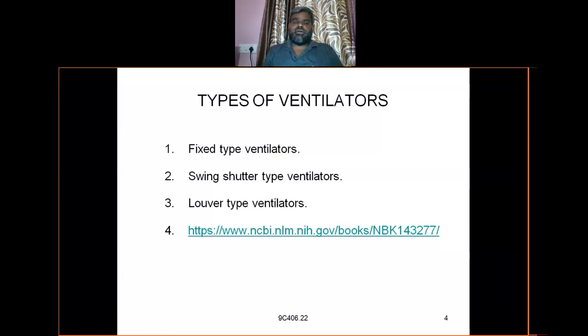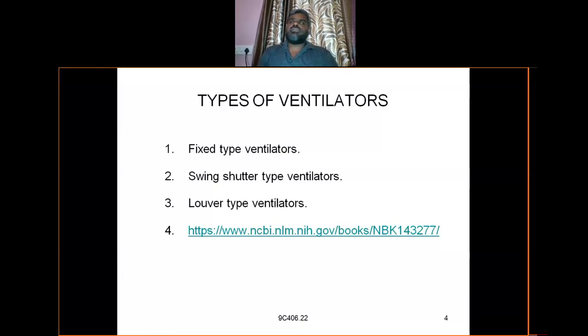Actually, the ventilation process can be done by two methods. One is the natural method, another is the mechanical method. Natural method means just an opening provided in the wall or near the slab, and we fix some types of ventilators like fixed type, swing type, lower type.